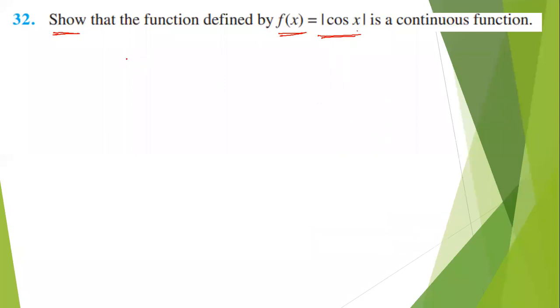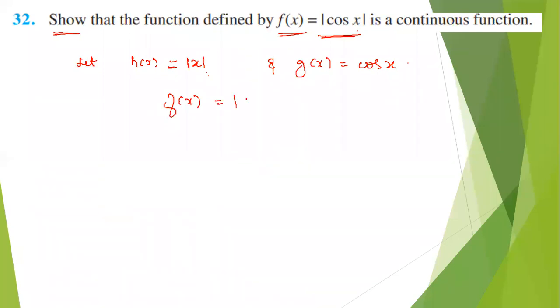So here, let me take h of x as, yes, function of functions. Good. H of x is, let me take it as modulus of x. And let me take g of x as cos x. So what will be f of x?